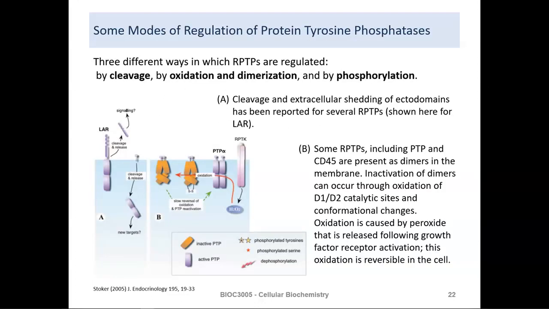There are also some different ways that the protein tyrosine phosphatase enzymes can be regulated: by cleavage, oxidation and dimerization, or by phosphorylation.